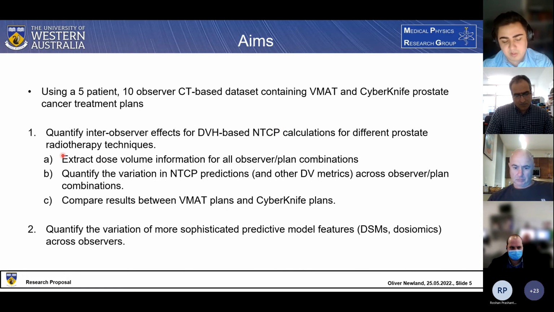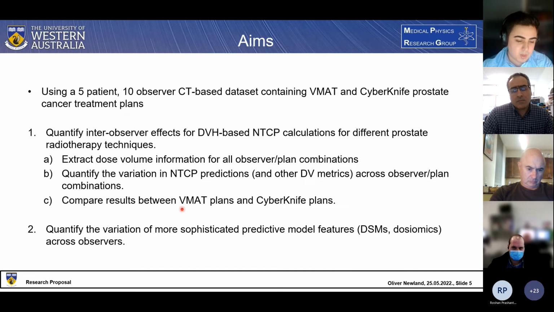To do that, I first have to extract the dose volume information for all the observer and plan combinations, and then run that through an NTCP model. It will be interesting to compare the results of the VMAT plans with the CyberKnife plans. I expect to see increased variation in the CyberKnife plans due to that extra precision.